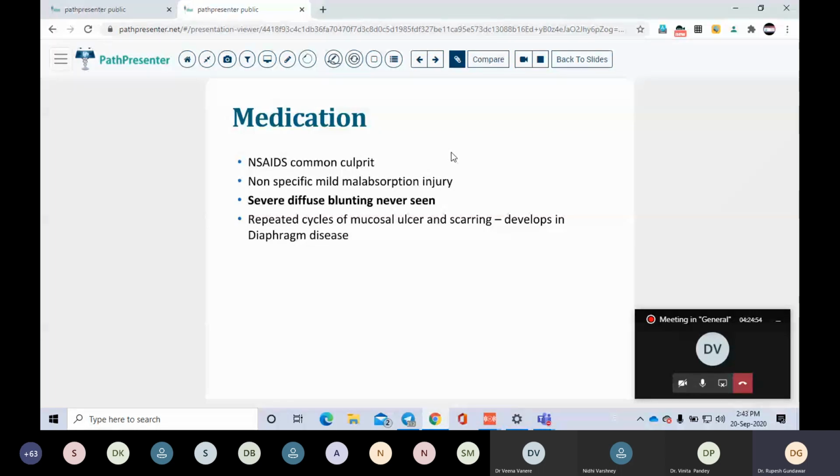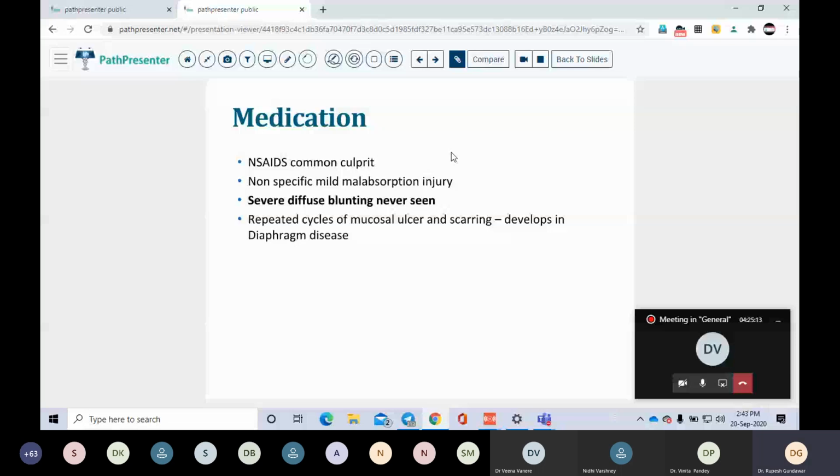But severe diffuse blunting or complete villus atrophy is never seen. It will be variable villus blunting and the other features of malabsorption. In some cases, if there are repeated cycles of mucosal ulcer, scarring will develop, and it will develop a characteristic finding, that is diaphragm disease.